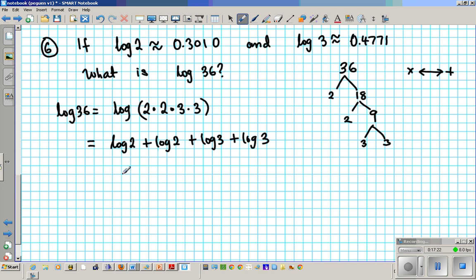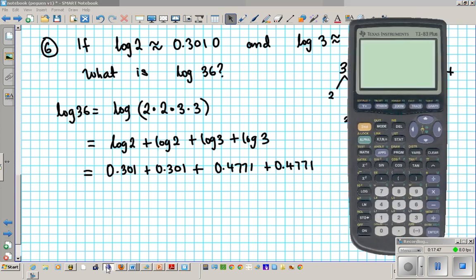Okay? So it's going to be 0.301 plus 0.301, or I can write 2 times 0.301, same thing, plus 0.4771 plus 0.4771. You're going to need a calculator for this exam so that you do well on it. I don't want to waste time, so I'm going to write 2 times 0.301 plus 2 times 0.4771.